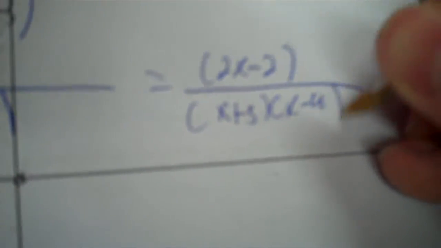We didn't do a GCF, so take the 1s off the front and replace this with this. X plus 3, x minus 4. Okay, now your common denominator. You got x plus 3. You've got x minus 4. You've got x plus 3, already got that. X minus 4, don't repeat.